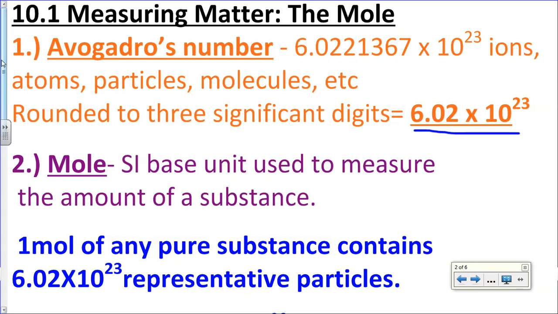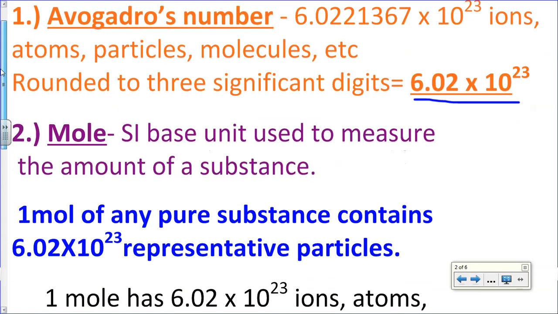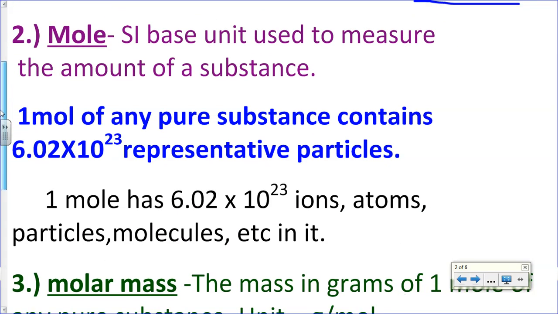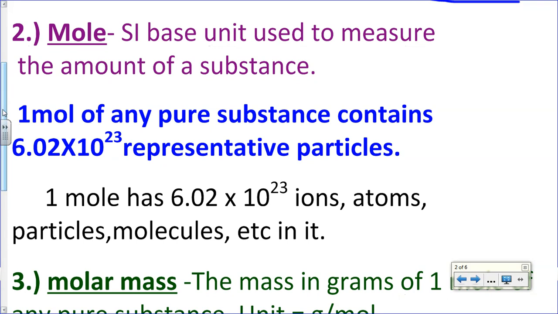Well, if we were to use our periodic table, which you're going to need from here on out to the end of the year, and a calculator, we can figure out how much of a substance we would need to weigh out, say on a balance or a scale, to get exactly a mole of a substance, which would contain 6.02 times 10 to the 23rd molecules, say, for instance.